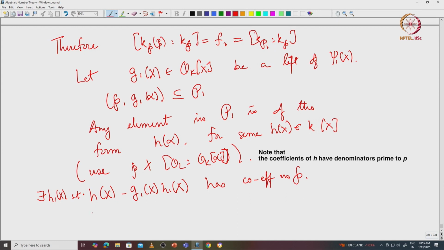Hence h of alpha belongs to the ideal generated by p and g1 of alpha. So, that gives that the ideal generated by p and g1 of alpha is equal to P1.